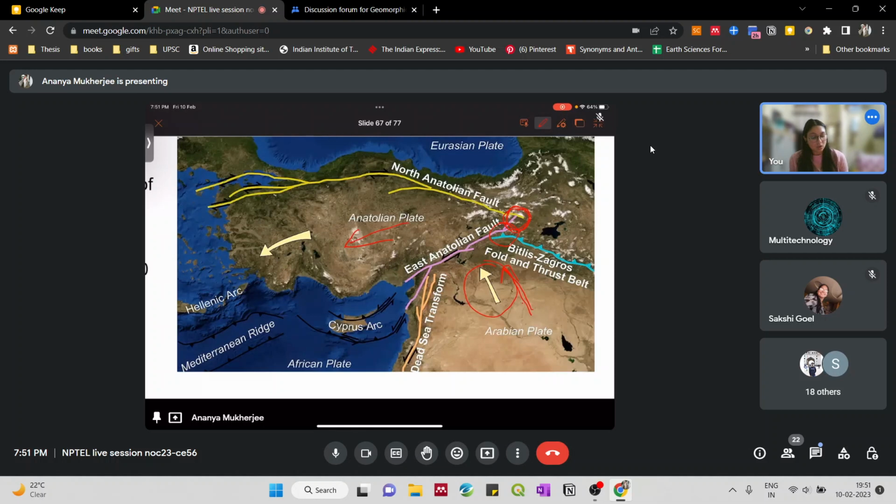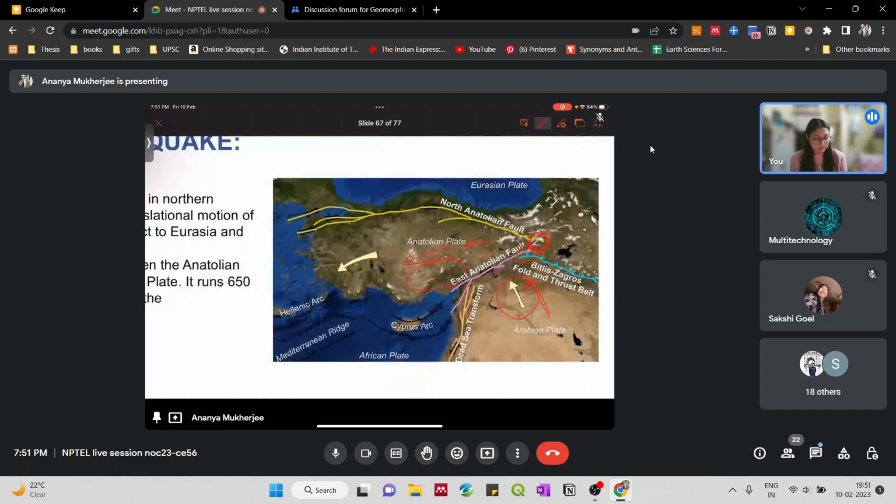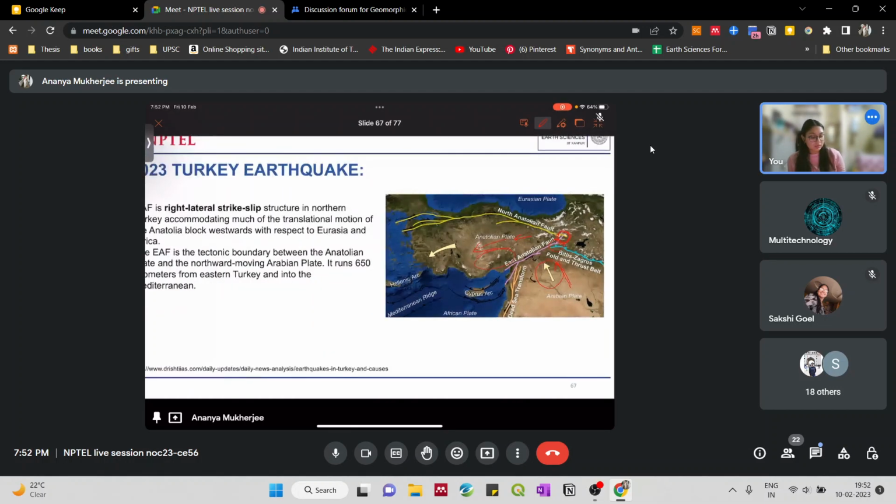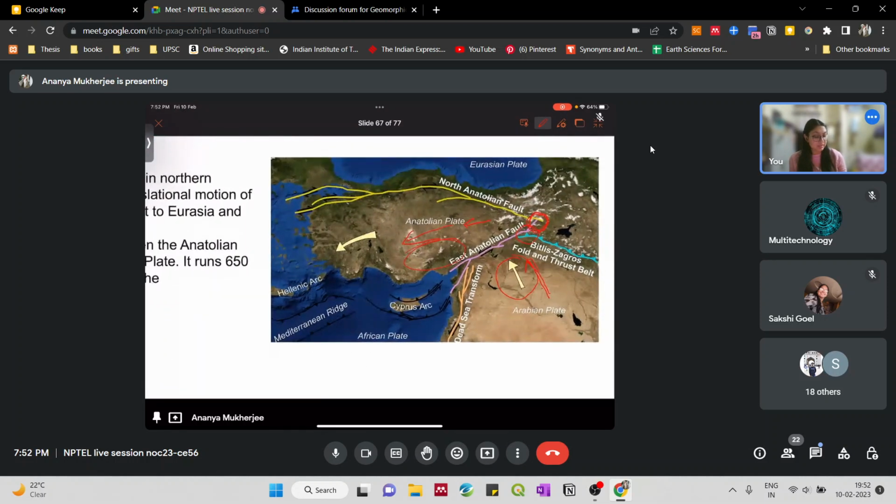All the plates are moving, and the plate that contains Turkey is moving away from this area. This is the Dead Sea transform fault.